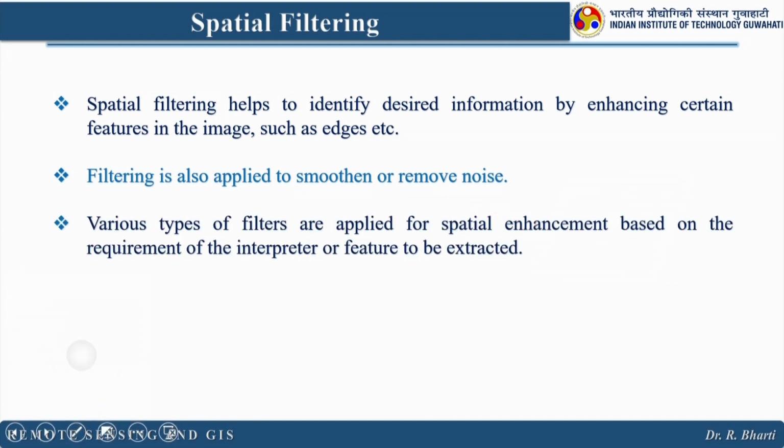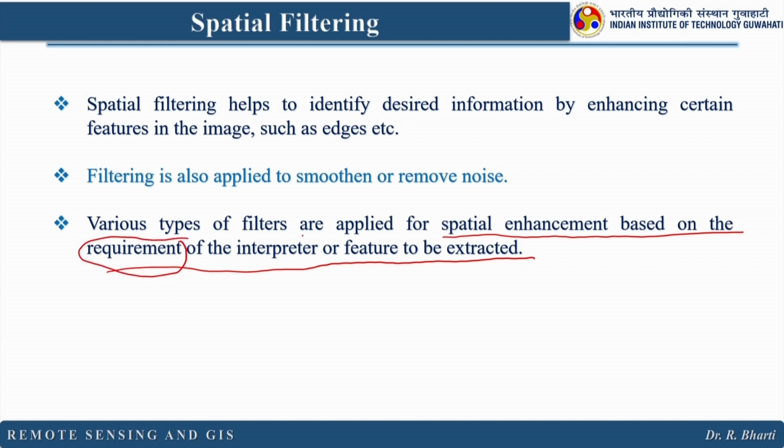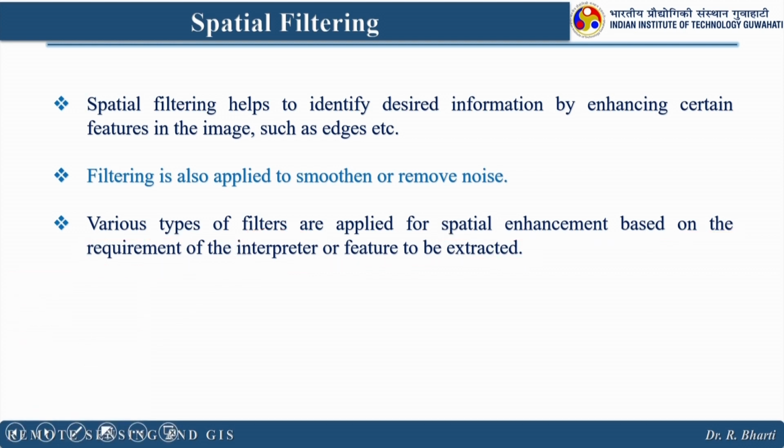The next point is that various types of filters are applied for spatial enhancement based on the requirement of the interpreter or the feature to be extracted. You always have to remember this is based on the requirement and the application, so what exactly you want to identify.